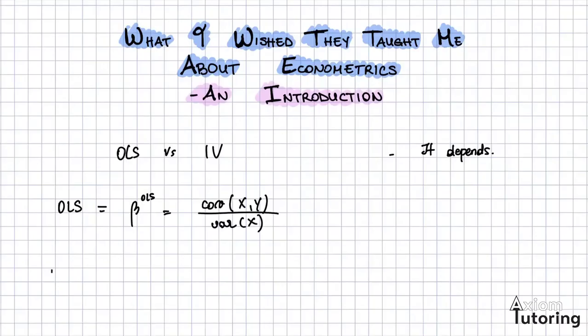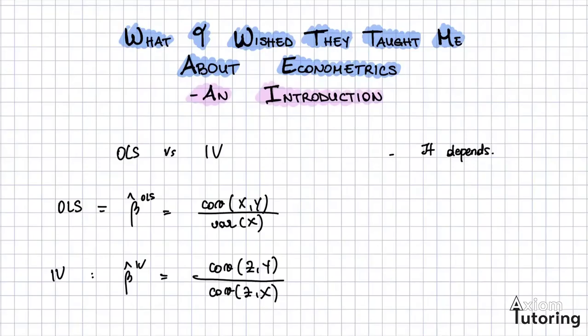And then let's assume we also have the IV estimate, which is the covariance of z and y divided by the covariance of z and x. Okay, so both produce an estimate of beta 1. They will almost never be identical. And the question is, which one should we report and why?